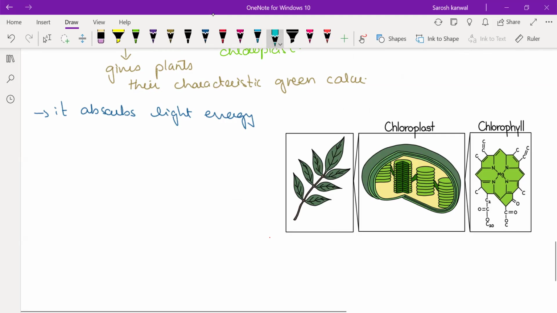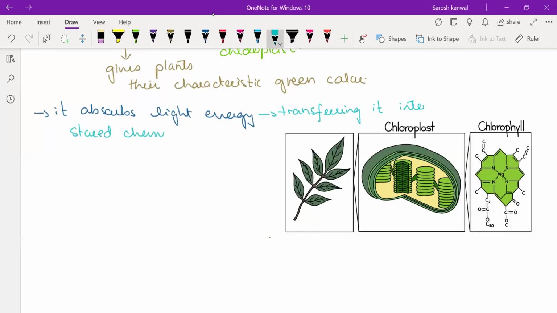And then transferring it into stored chemical energy in the bonds of glucose molecules.